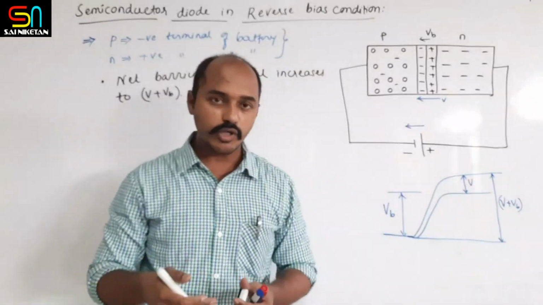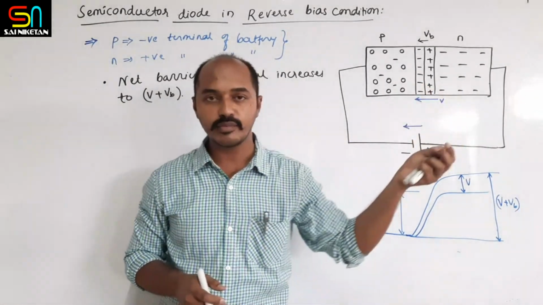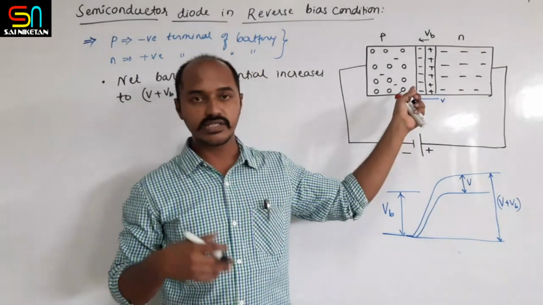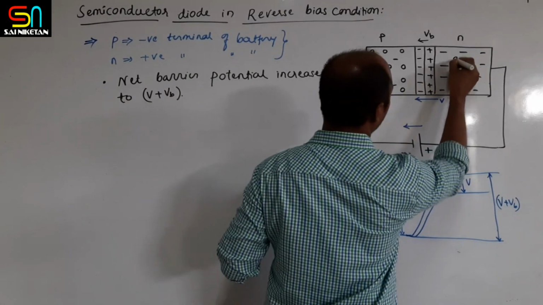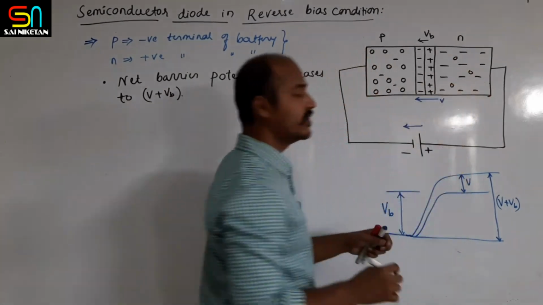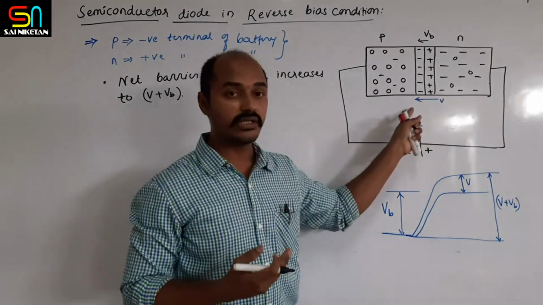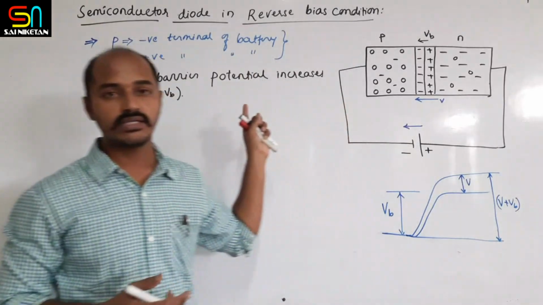If the barrier potential increases, the energy barrier is also increasing. Energy barrier means the energy required to cross the junction, the energy required by majority charge carriers. Here the minority carriers are positive holes. Majority charge carriers need more energy to cross the junction because the potential barrier is increased.